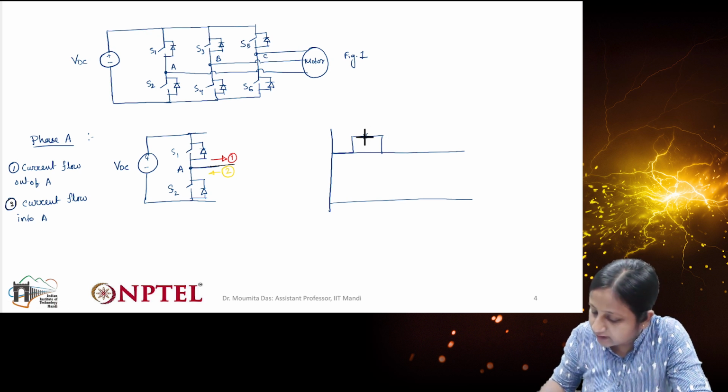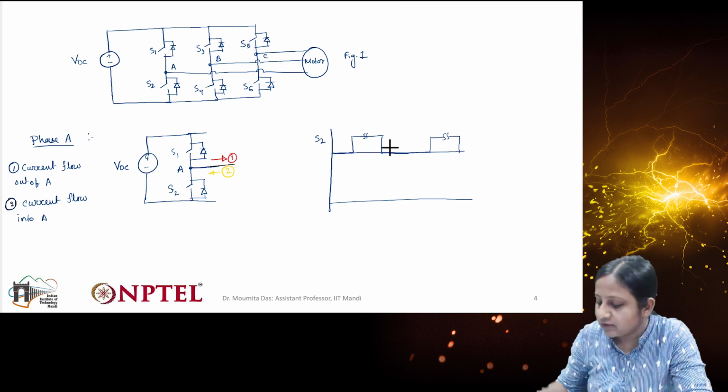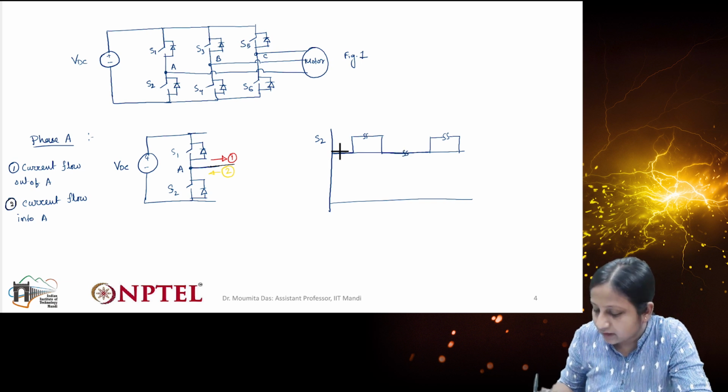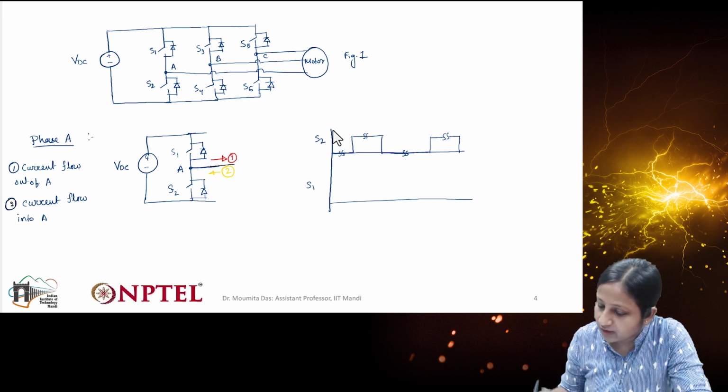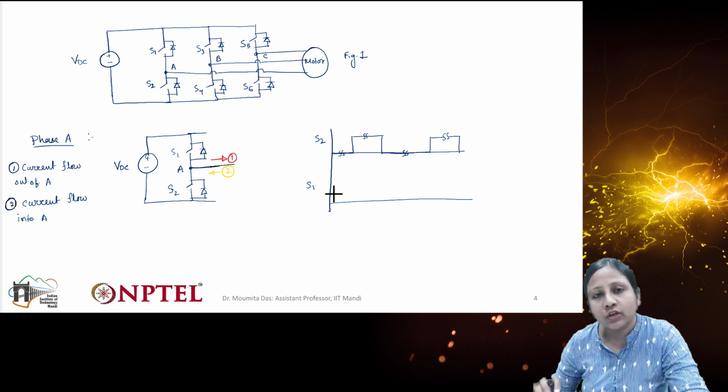So let's consider switch S2 is on during this duration and off during this duration, and again on in this duration. The duty cycle can be anything, I am not considering any particular duty cycle. Now if switch S2 is on, switch S1 cannot be on, so it has to be off.